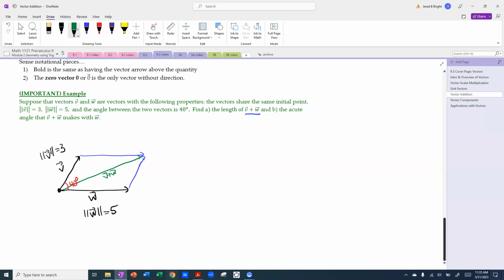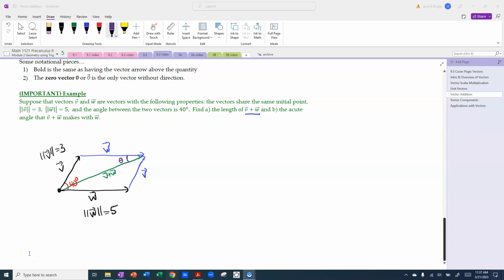To be clear, this up here would be a copy of w, and this would be a copy of v. So the angle it makes with it, it's kind of bad language, but we don't have any better ideas right now. So it's this angle here. We want to know this angle theta for part B. So we have a couple tasks ahead of us. How do we go about them? So here we go.